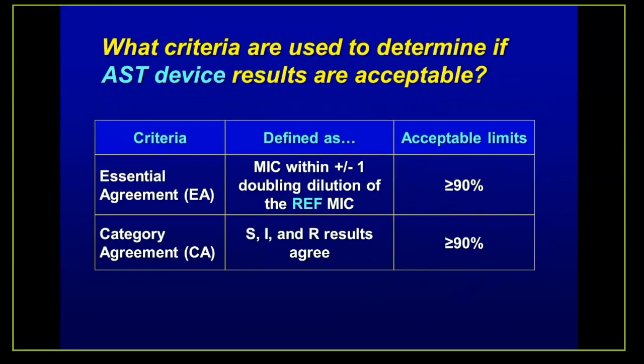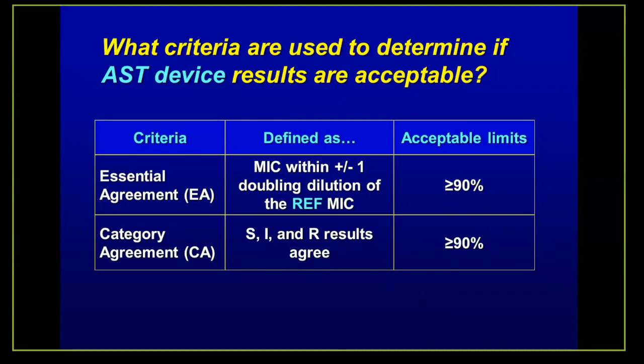Next, we're going to take a look at the criteria a manufacturer uses to determine if the AST device results are acceptable. First criteria is the essential agreement. The essential agreement is defined as the MIC being within plus or minus 1 doubling dilution of the reference MIC.